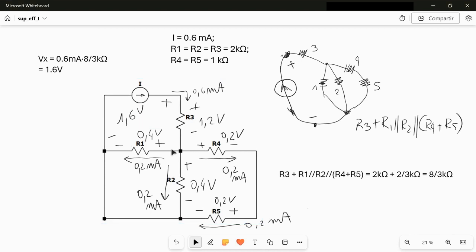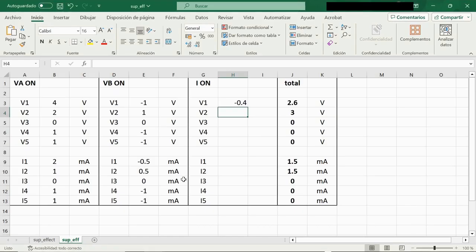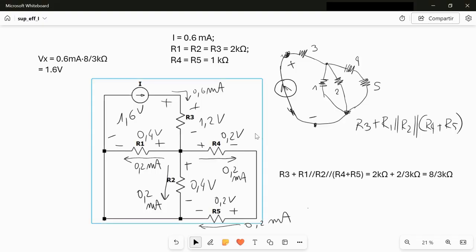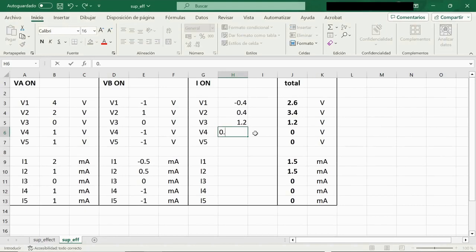The others all agree with the polarity and current direction stated at the beginning. So V2 we have 0.4, V3 we have 1.2, V4 we have 0.2, and V5 0.2 also.